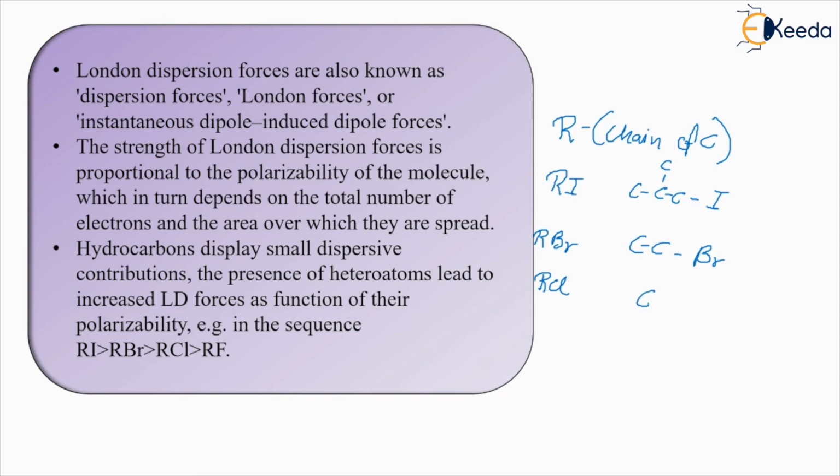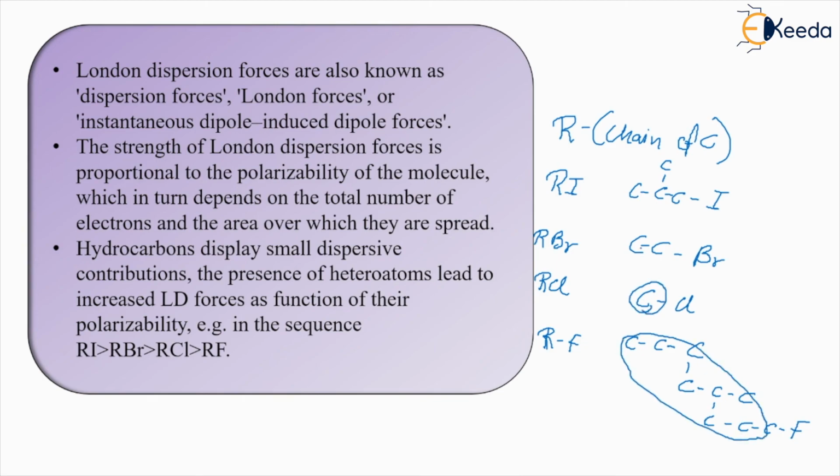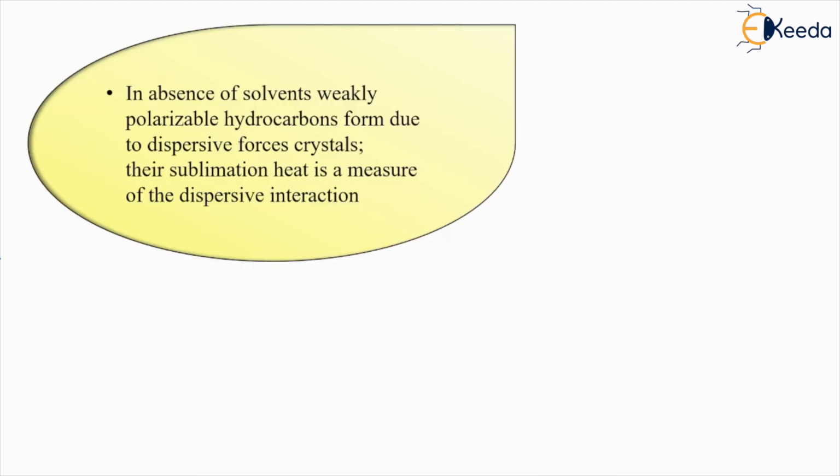RCl, can just be one carbon as well, CCl. RF, it can actually be a long chain of carbon and then an F. This entire thing can also be an R. This one carbon can also be an R. This is also R. This is also R. So here what do we have? RI greater than RBr, greater than RCl, greater than RF.